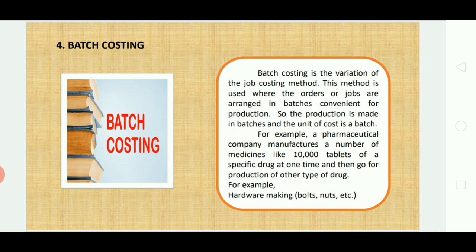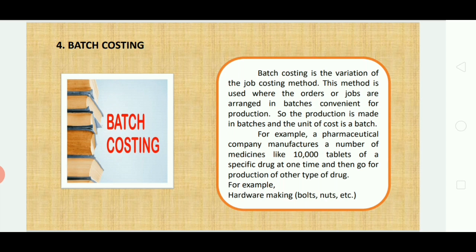in a batch, and as per the example 10,000 tablets are manufactured at one time. એક જ ટાઈમમાં સિંગલ બેચમાં તમે 10,000 tablets of one medicine is produced.